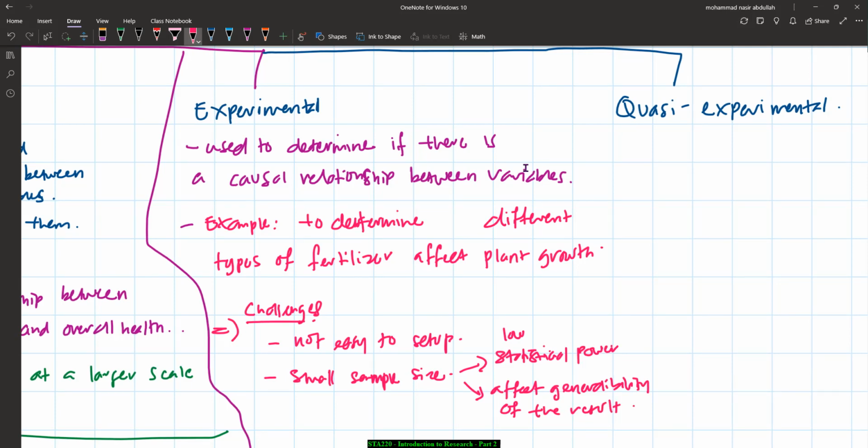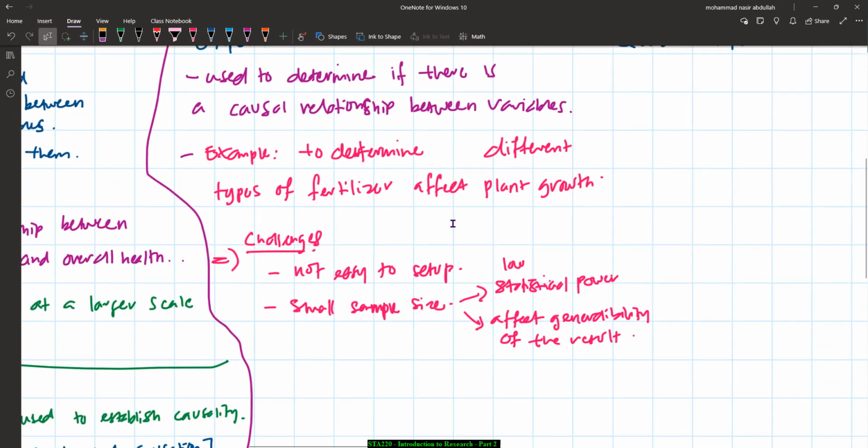right? So if the sample size is very small, you need to calculate the sample size before we conduct experimental design. And another major challenge is it requires a random assignment. Right, random assignment is different from random sampling.